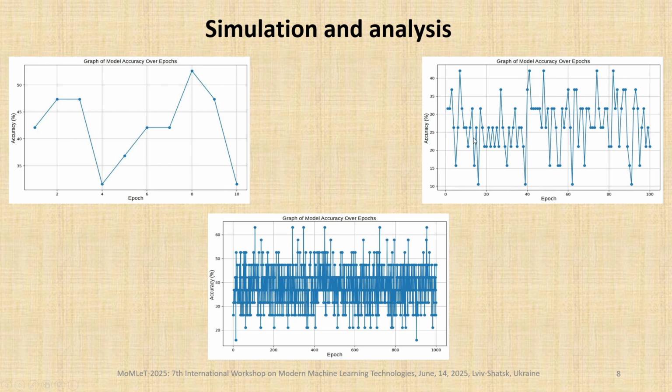Next is the 100-epoch scenario. During the first 15 epochs, classification accuracy fluctuated between 40 and 64%. By epoch 30, the model stabilized at an average accuracy of around 56%.